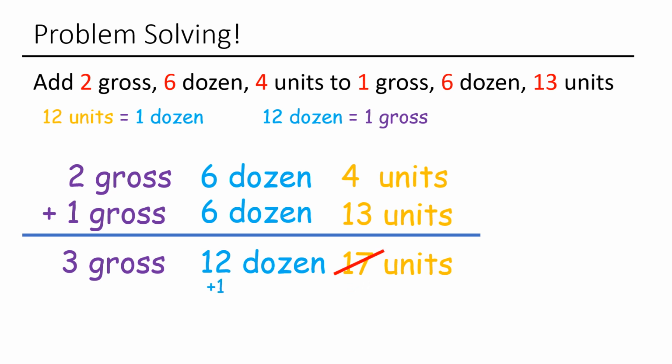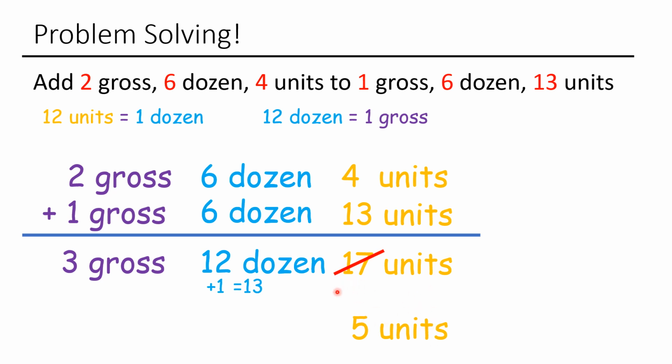I'm going to take out 12 and that makes 1 dozen. So now I'm going to add that dozen over here, which gives me 13 dozen. And when I subtracted the 12 out, that left me with 5 units.